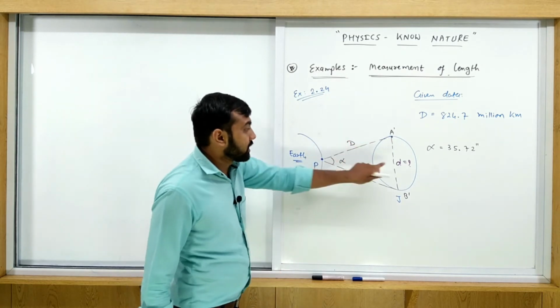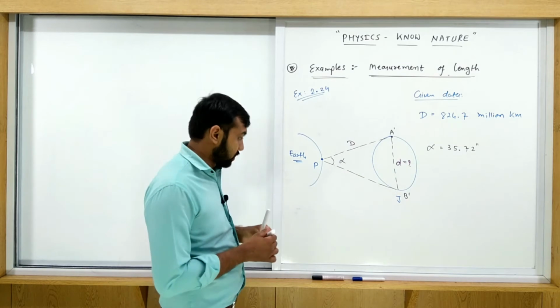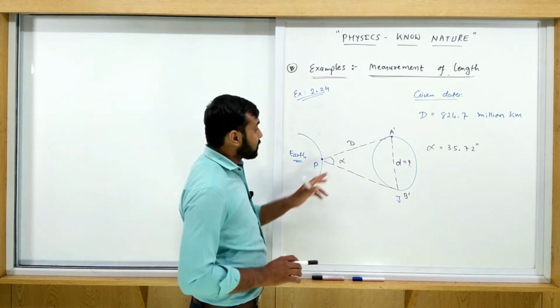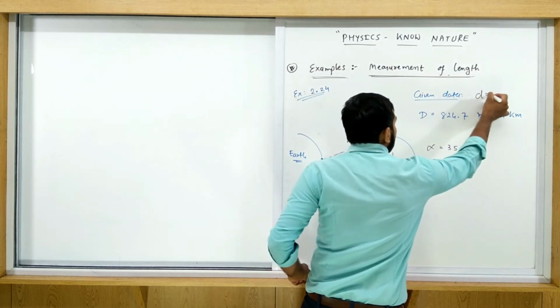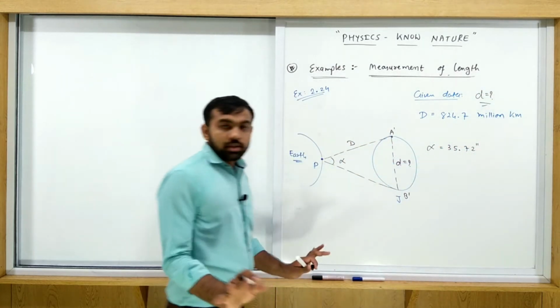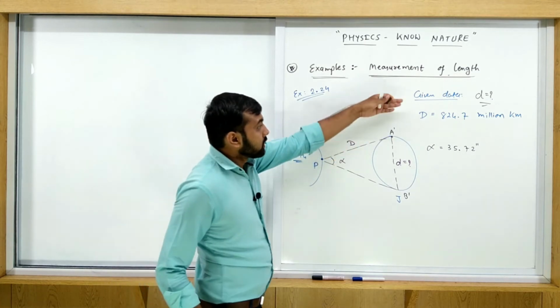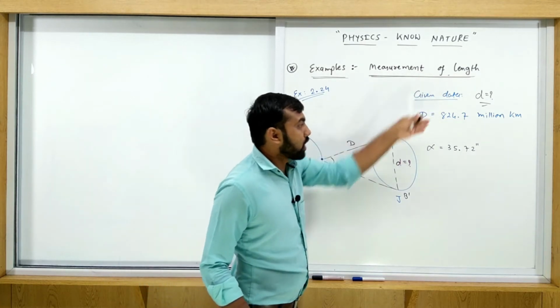Here this D is much greater than d, as we discussed in the theory session. So we have a relation between alpha, d and D. We have to find out the d here. Then you just remember the theory. Then we have one relation. Angle is equal to arc by radius.